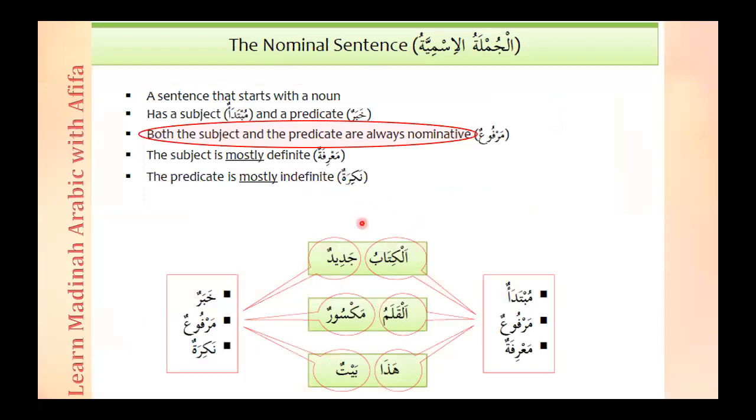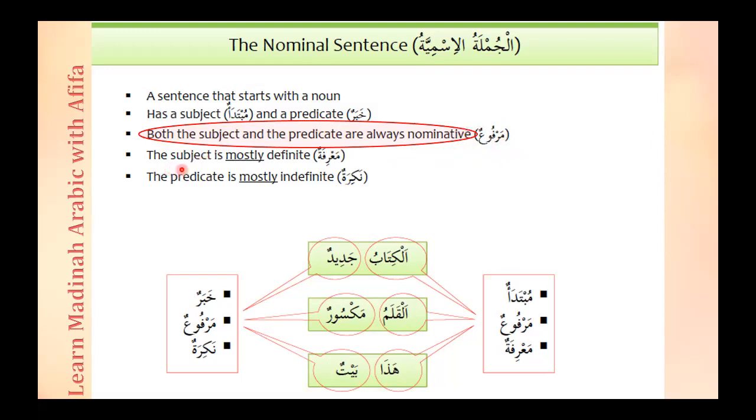All right, let's do a little recap, then a little practice. A sentence that starts with a noun is called the nominal sentence. It has a subject and a predicate. Both the subject and the predicate are always nominative, marfu'un.